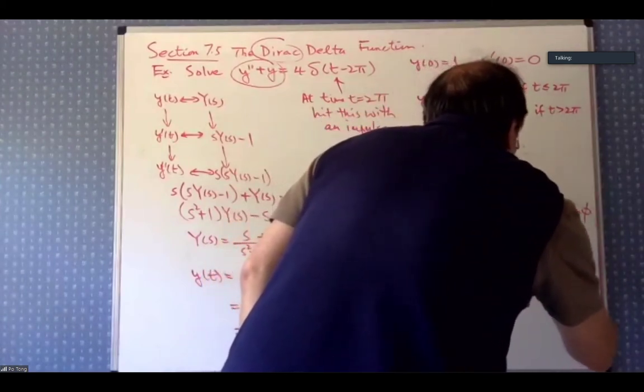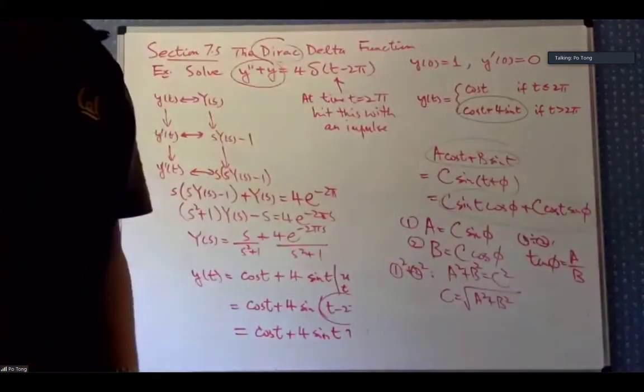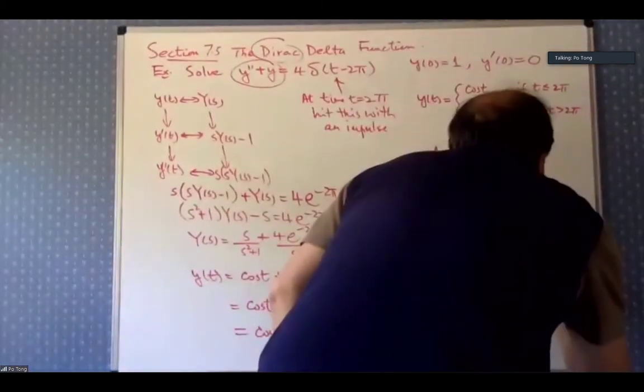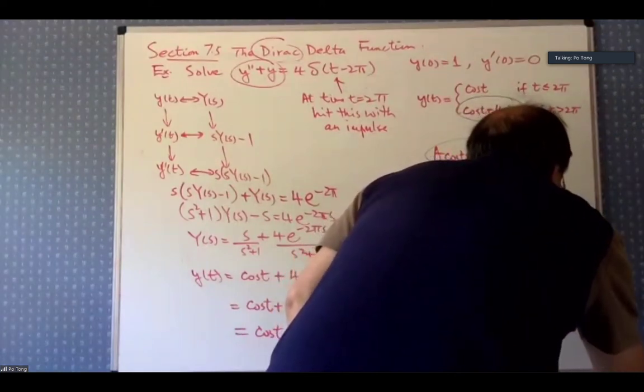Tangent phi is equal to A over B. So phi is actually equal to arctangent of A over B.